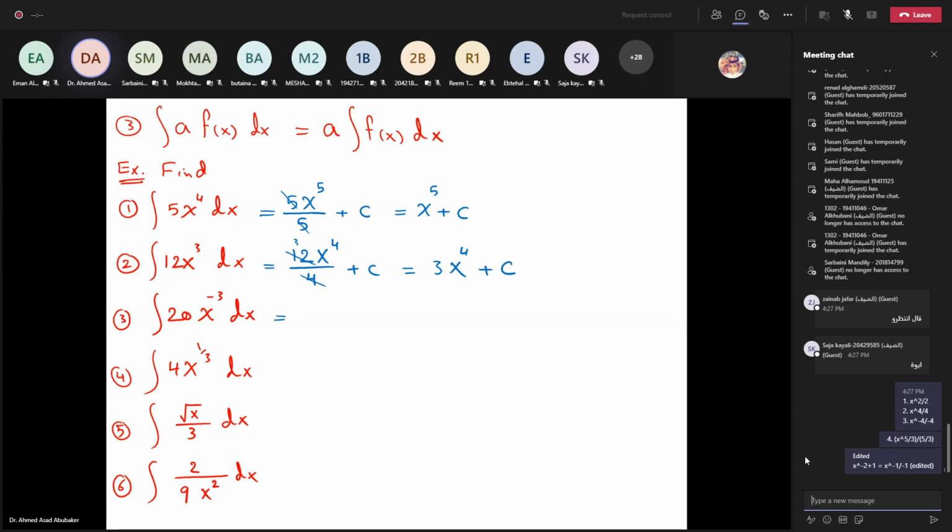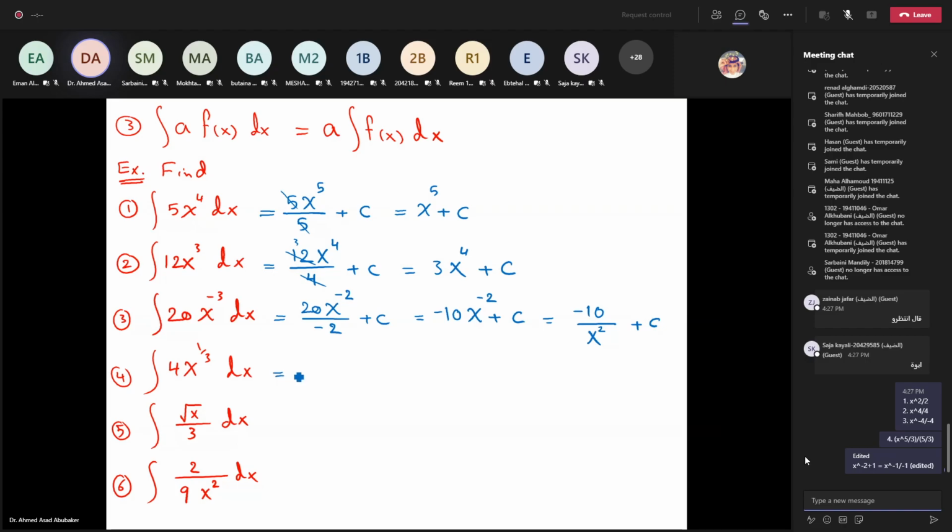Number 3: 20 x to the power negative 2 over negative 2 plus c. This is equal to negative 10 x to the power negative 2 plus c, or negative 10 over x squared plus c, like this also.